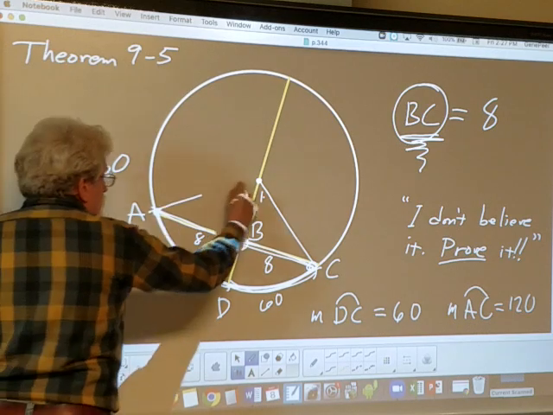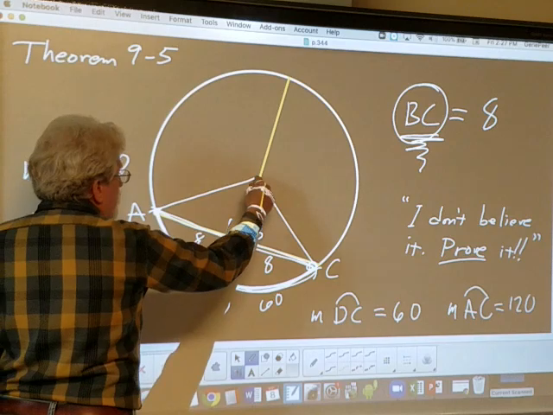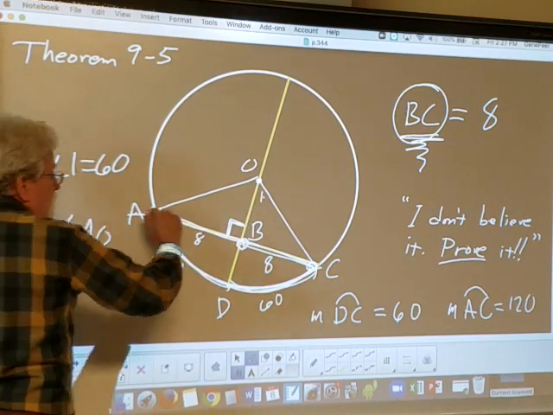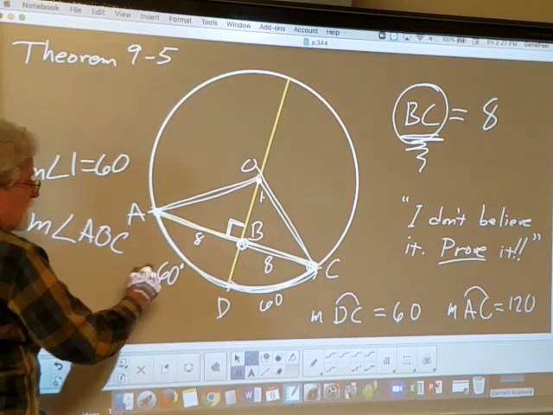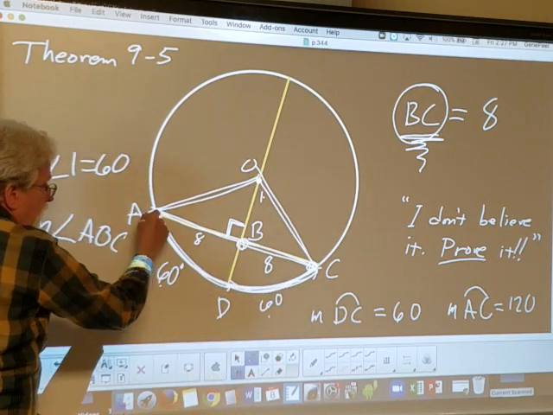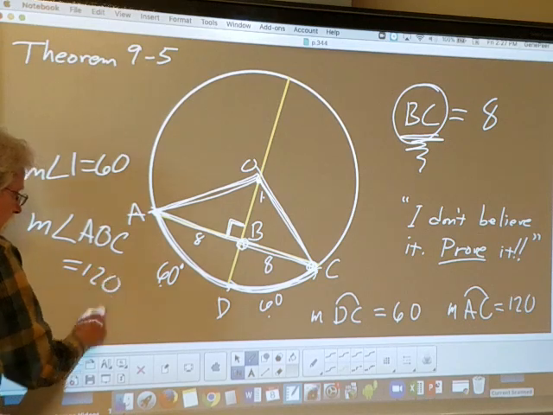Or I could ask you for the measure of angle A. Ooh, I don't have a point name here. Let's call it O. AOC would have to be 60 plus 60, which is the whole arc, so the angle is likewise 120.